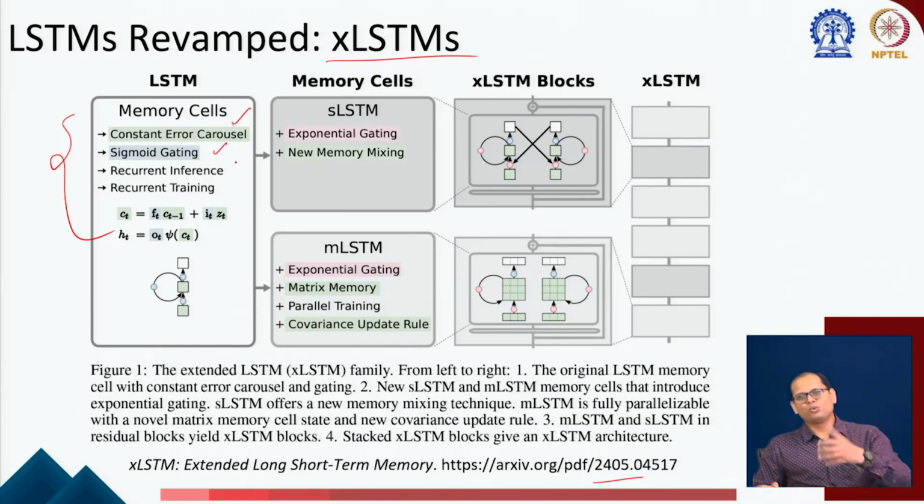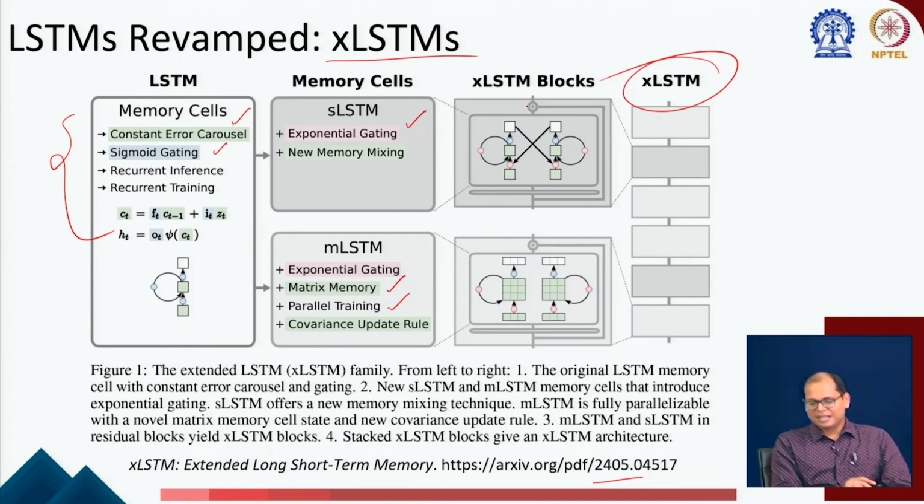But they introduced new cells like memory cells, which do exponential gating, new memory mixing, matrix memory, parallel training, and so on. You can go and read about this, but this would need much more background than whatever we have covered till now.